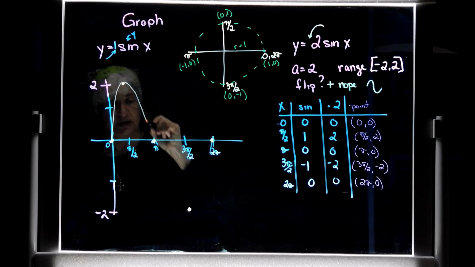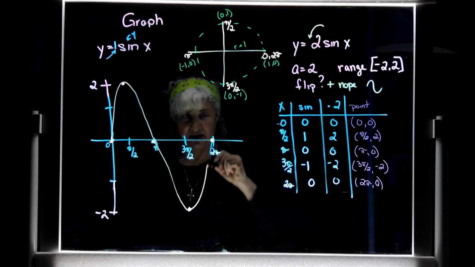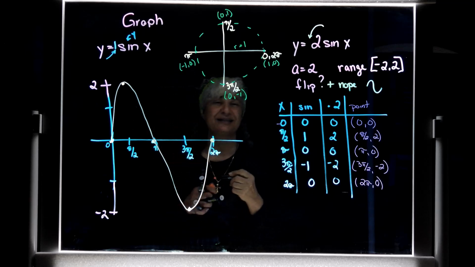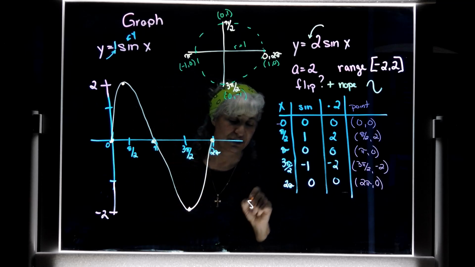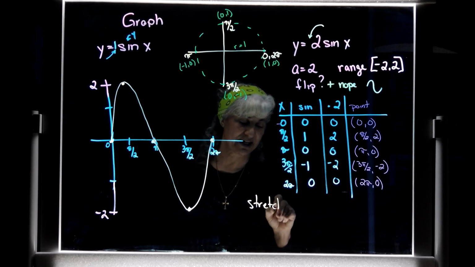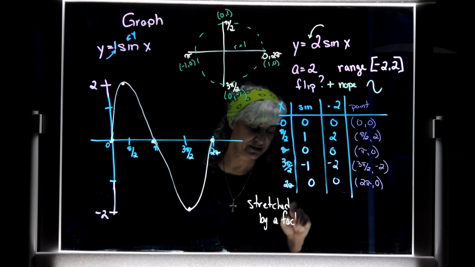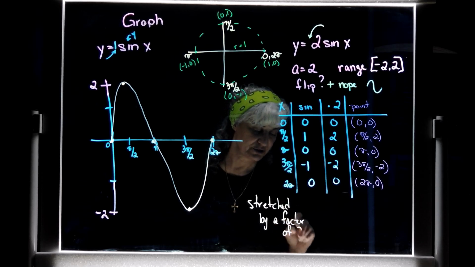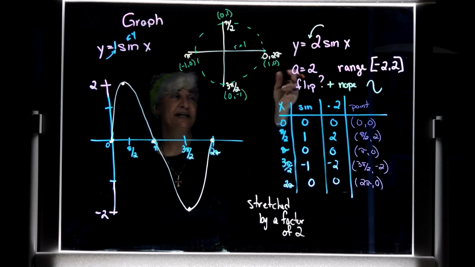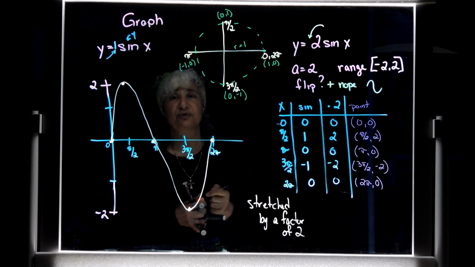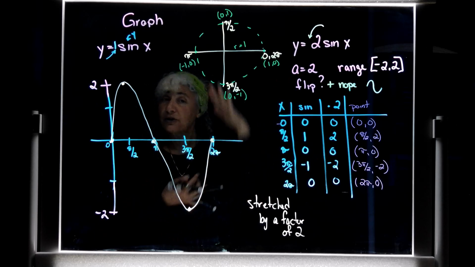So it is the typical sine graph, isn't it? Mountain to the valley, except it got, that's right, stretched by a factor of 2. That's what the amplitude does. It stretches the graph by whatever, or it could compress it.